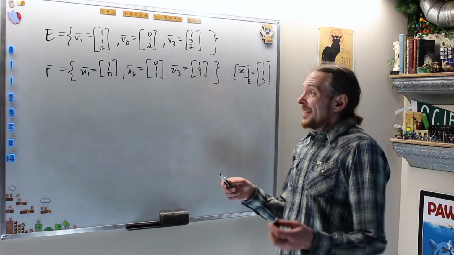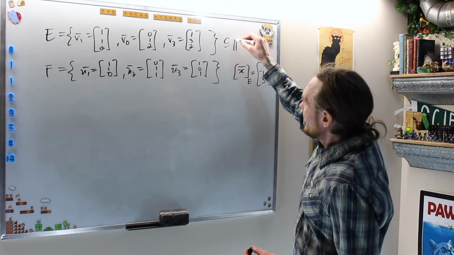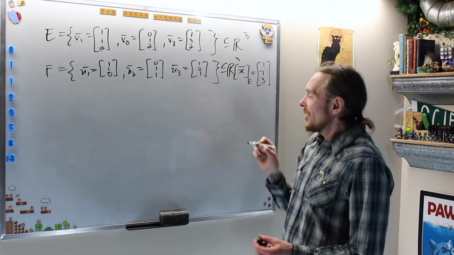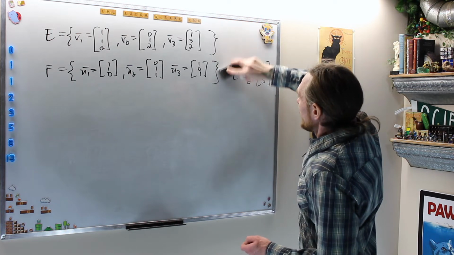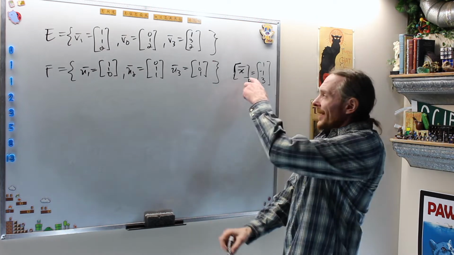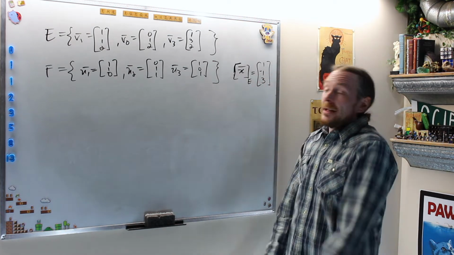Alright, we're doing the same thing this time. We have a basis E inside R3 now, and we have a second basis F inside R3. I just switched those in there, but we're in 3 dimensions now, and I've been given a vector X with respect to the basis E with coordinates 1, minus 1, 3.